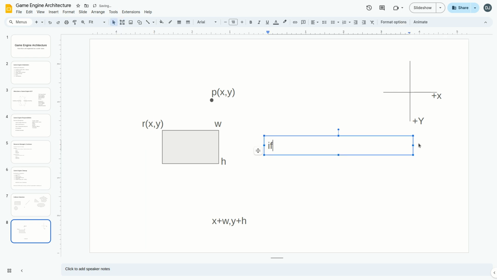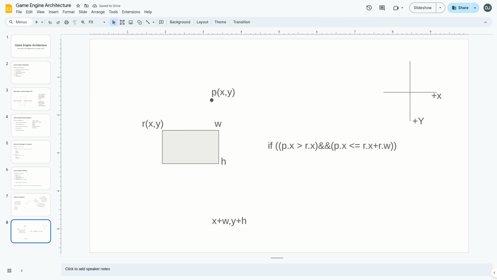Positive test would be if, stop capitalizing, P dot x is greater than R dot x, and P dot x, and this is just looking at one dimension now, is less than or equal to R dot x plus R dot w. So this would test to make sure that this point is within this.